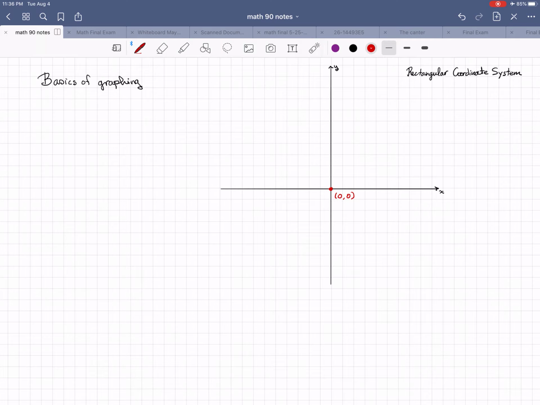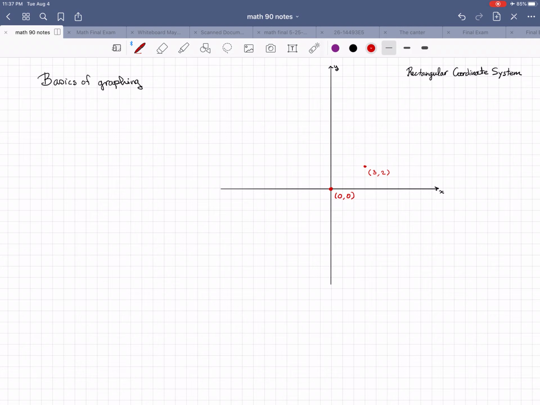So, for example, if you decide to go right 3 units and up 2 units, right is the positive direction, up is the positive direction. So the coordinates of this point are 3, 2.